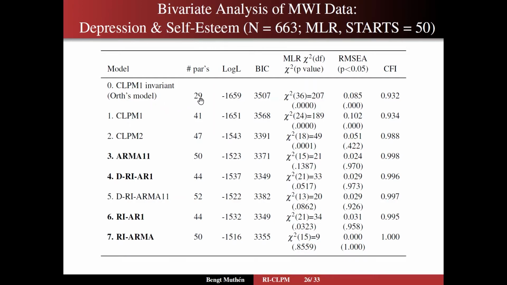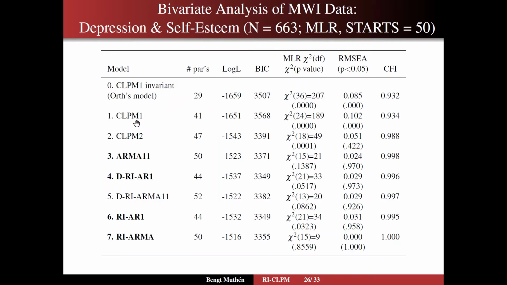And it has 29 parameters here, and the MLR chi-square with 36 degrees of freedom is 207. So a clear rejection of that model. It's not a model that fits the data well. The root mean square error is too high, and you have probability 0 that it is less than 0.05. So we would reject that model and not interpret it because it's not close enough to data.